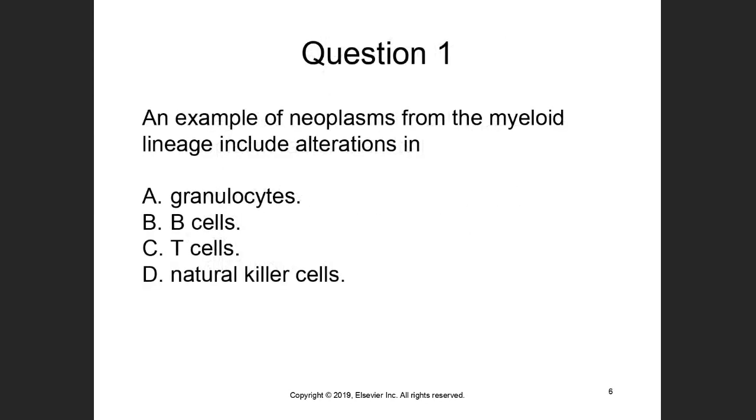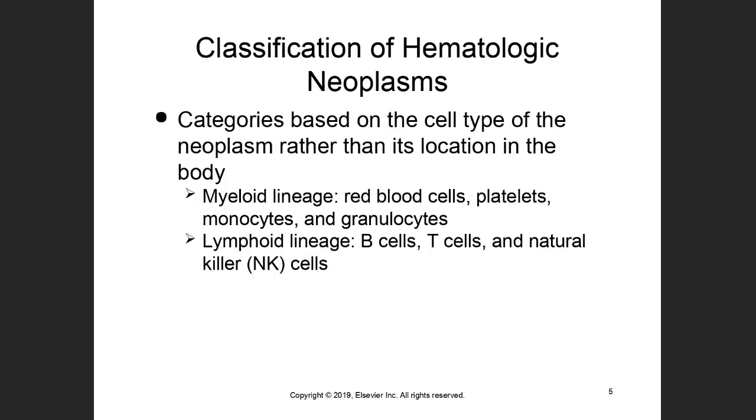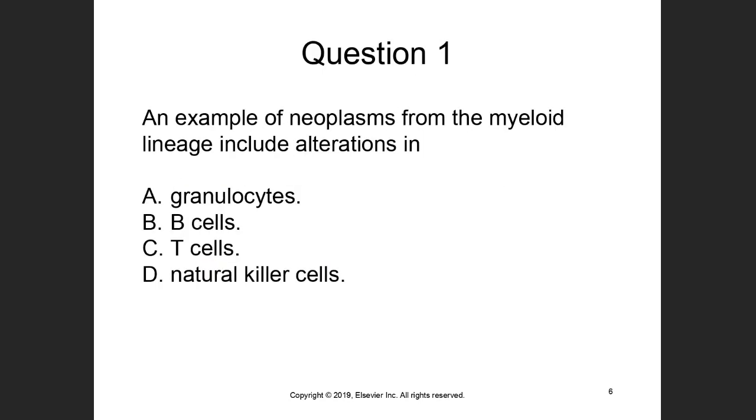And we have question number 1. An example of neoplasm from the myeloid lineage includes alteration in. What is the answer? Exactly, granulocytes. Okay, because B, T, and natural killer, you have it right here, are lymphoid.